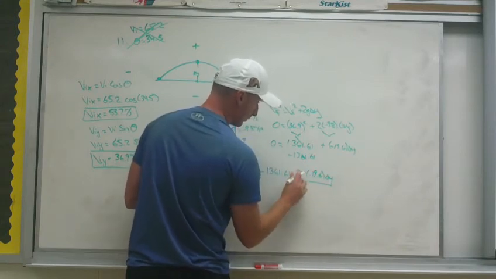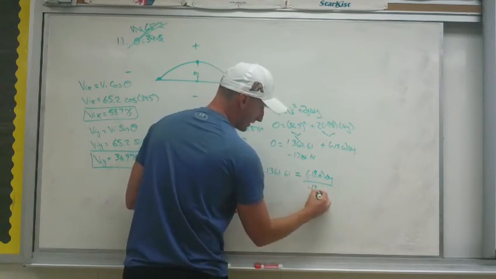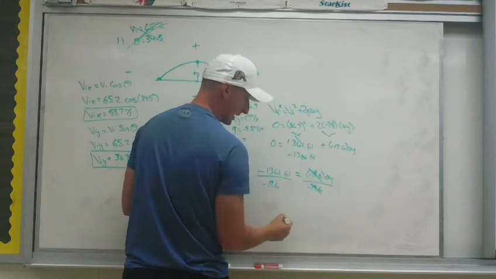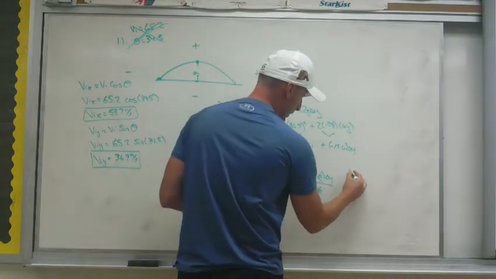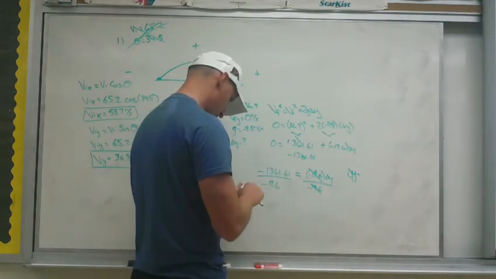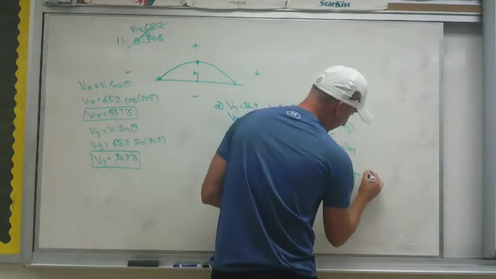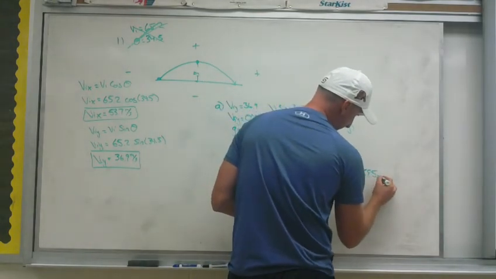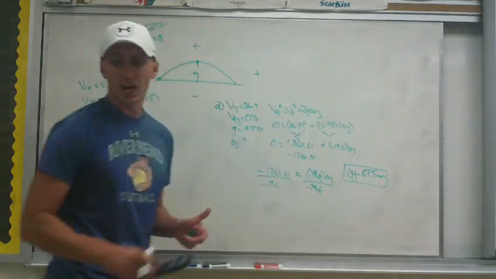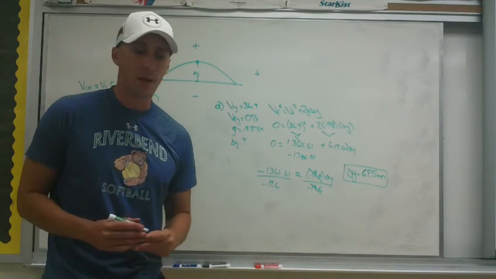I divide by negative 19.6, that cancels out. I get delta y equals 69.5. So that projectile reaches a height at its highest point of 69.5 meters.